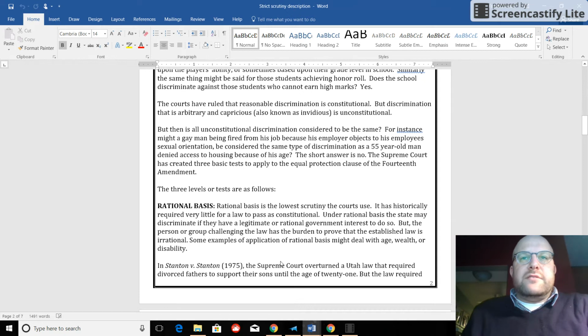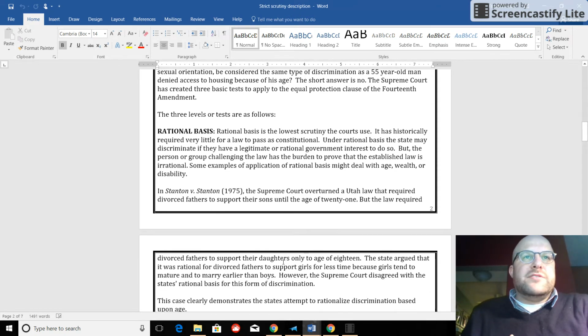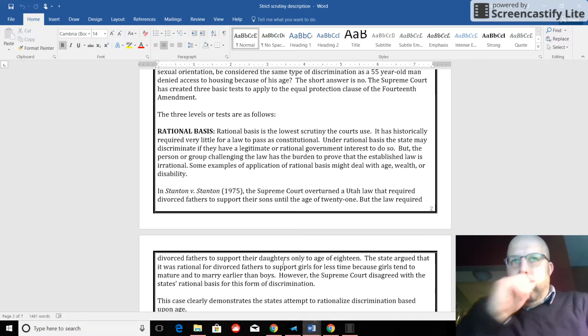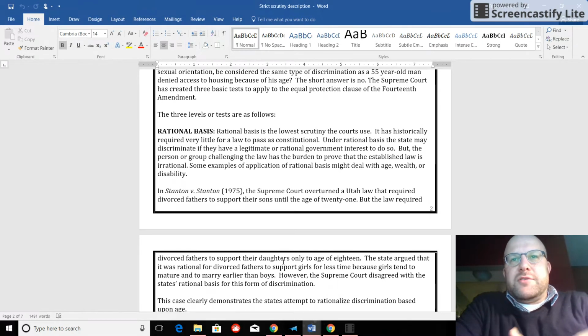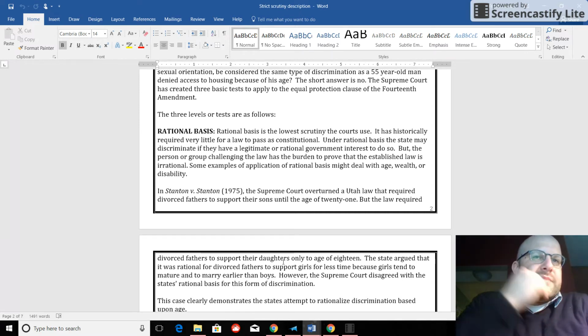For example, a Utah law in 1975 was overturned that required divorced fathers to support their sons until age 21, as opposed to age 18 for girls. There was no rational basis for divorced fathers to support girls for less time than boys. The Supreme Court disagreed with the state's rational basis for this.